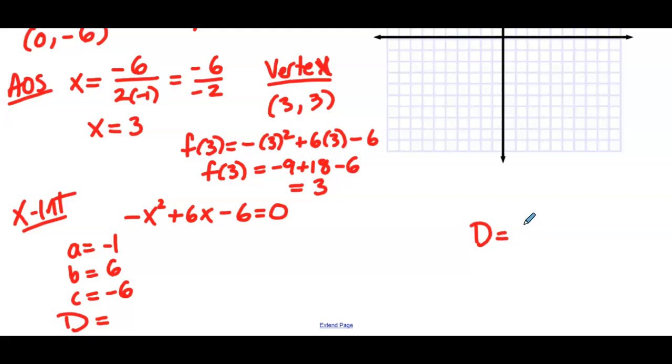So b squared minus 4ac, so that's going to be 6 squared minus 4 times -1 times -6. So we have 36 minus 24, which is equal to, not 8, it's equal to 12.